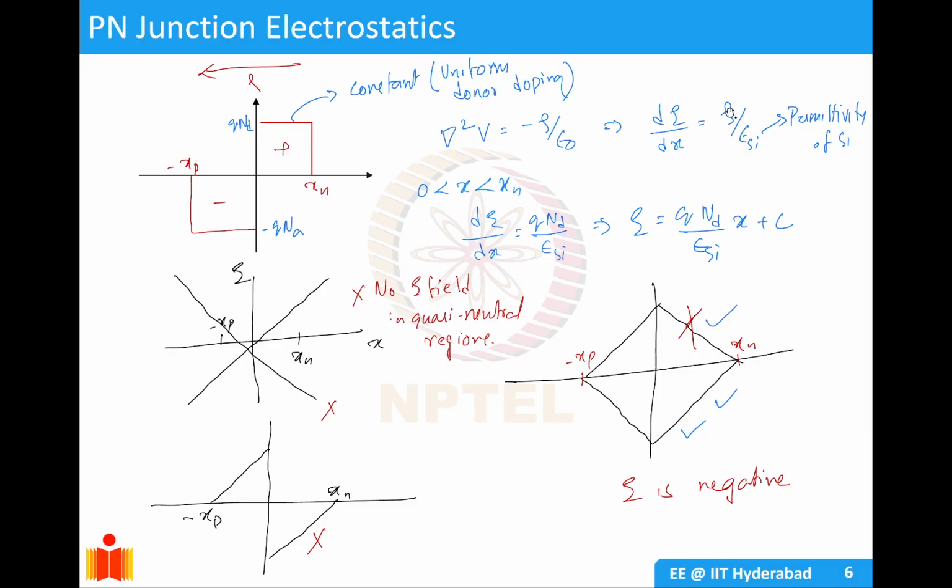So the charges are calculated by the derivative of the electric field, or you can calculate the electric field by integrating the charges in this depletion region. From 0 to xn, dE by dx is equal to q Nd by epsilon Si, because your rho is q Nd. So if you integrate, E is q Nd by epsilon Si x plus c.